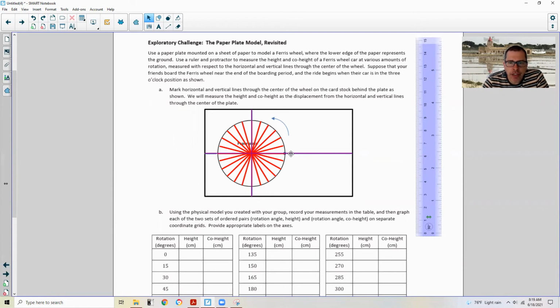We will measure the height and Kohheit as the displacement from the horizontal and vertical lines through the center of the plate. Part B says, using the physical model you created with your group, record your measurements in the table and then graph each of the two sets of ordered pairs, rotation angle and height, rotation angle and Kohheit, on separate coordinate grids. Provide appropriate labels on the axes.